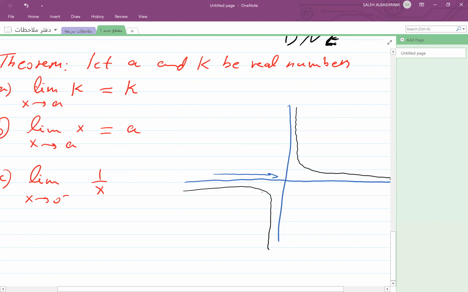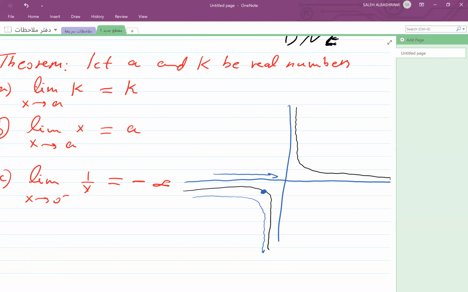Now we are looking for the value of the function. Suppose that I have a moving car on the curve of the function. When we move in this direction, as we go to 0, it will go down, up to minus infinity. So the limit of the function 1 over x when x goes to 0 minus is equal to minus infinity.